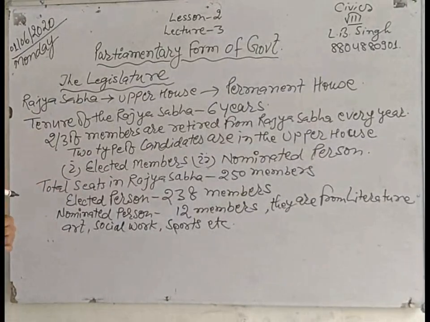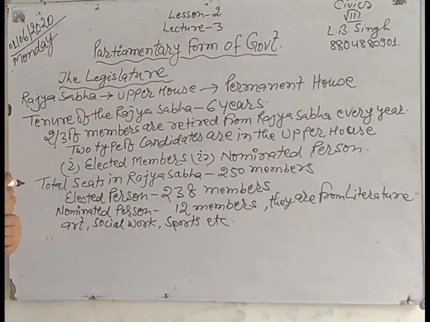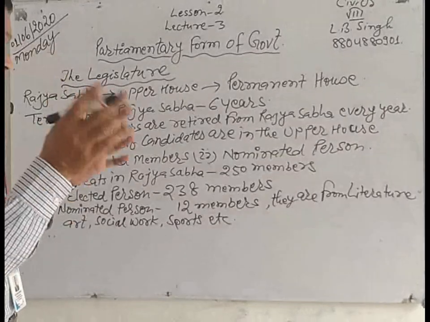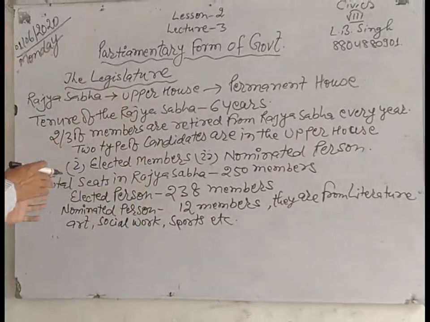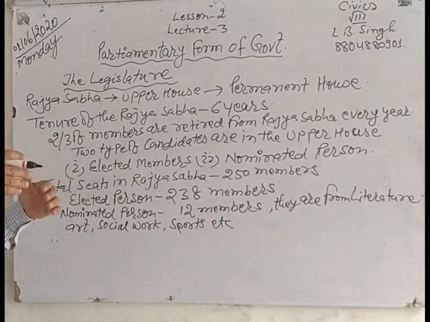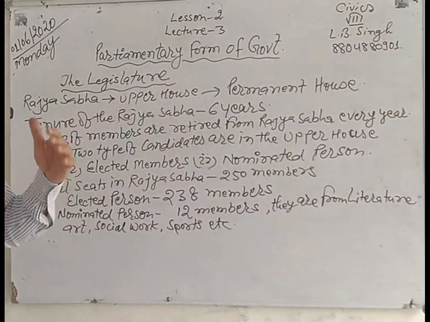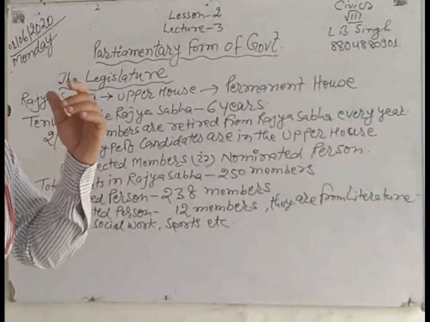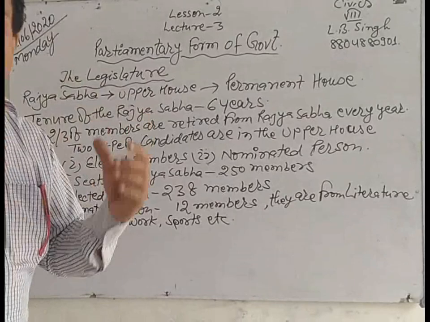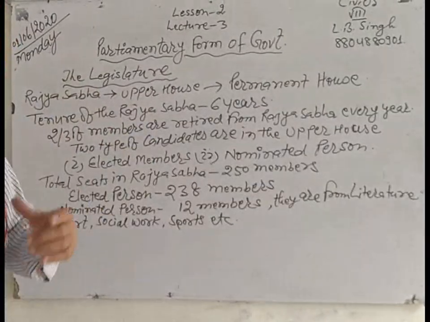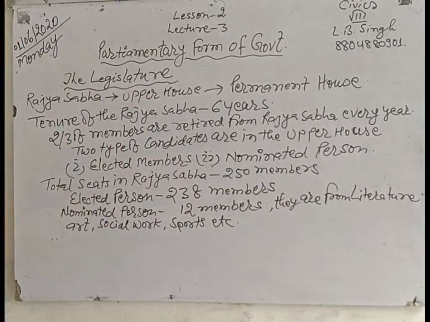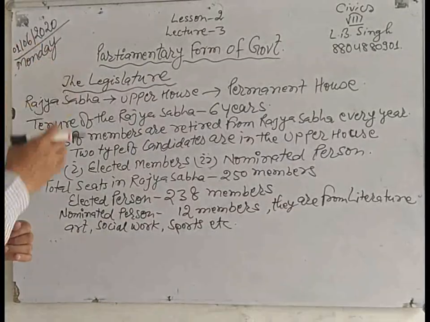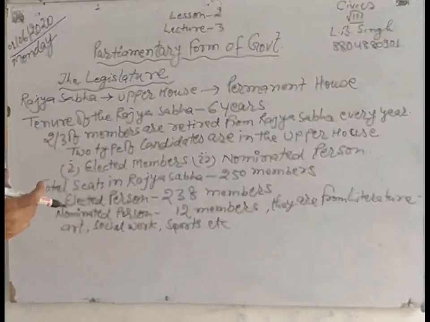So like that, from the different sector, persons are nominated for the Rajya Sabha because they are well known about that sector and their knowledge is important for the country. That's why they are nominated by the President of India.